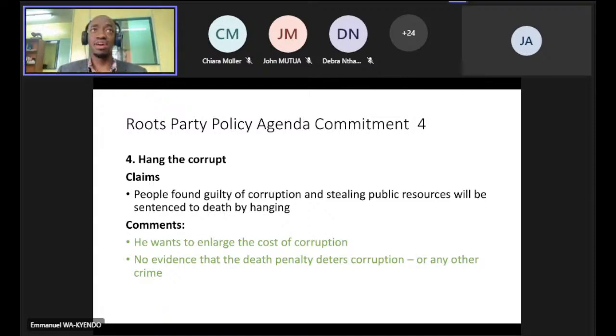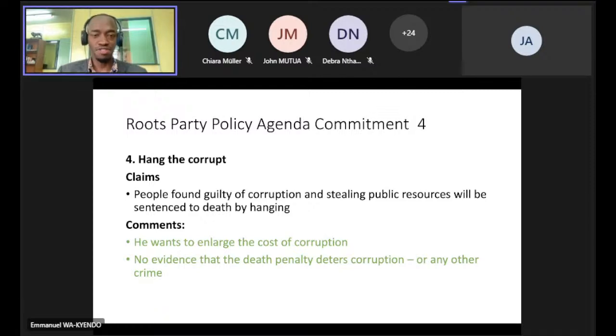On the surface, this seems a very attractive platform, for the reason that many in the Kenyan public are concerned, to say the least, about the level of corruption in Kenya. But what he proposes is a rather simple solution for a complex problem.